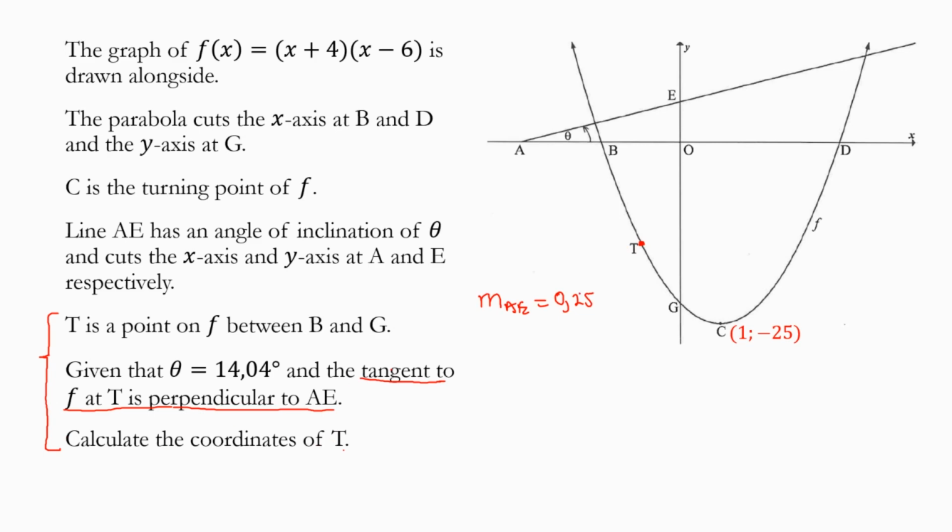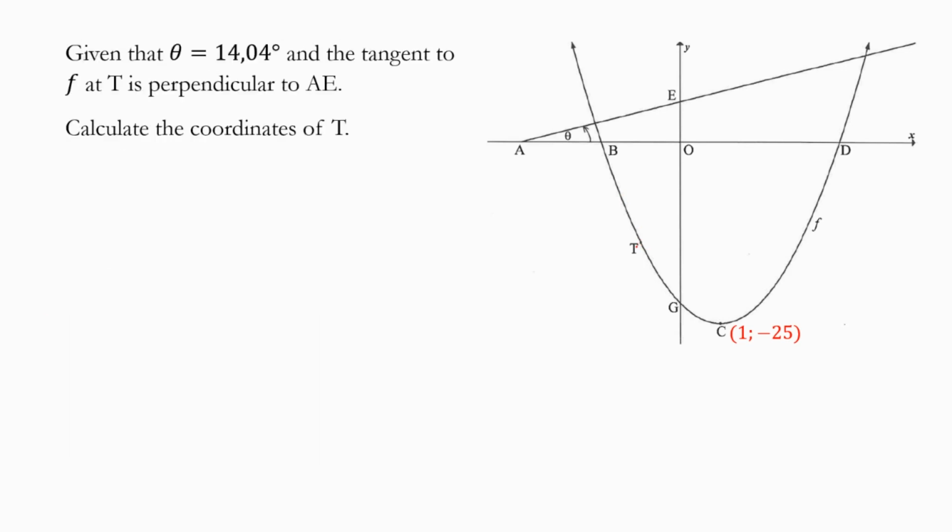After finding the gradient of the tangent, we can find the coordinates of T, because the gradient of the tangent is equal to the gradient of the curve at T. Okay, let's just do that.